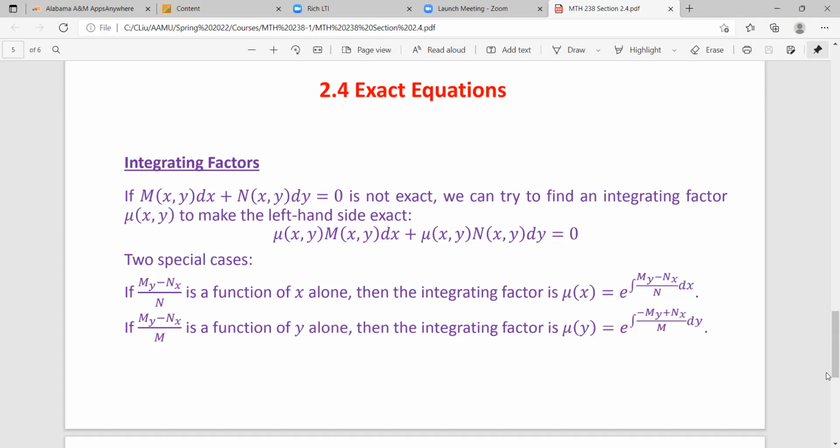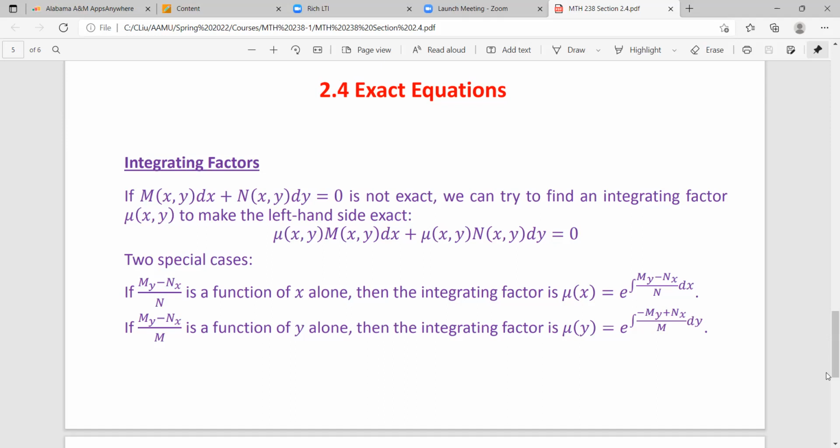They are all called the integrating factor. We need to find another function to multiply the original differential equation to make it exact. So you always need to find a function to multiply the original differential equation and solve it. We call that the integrating factor.